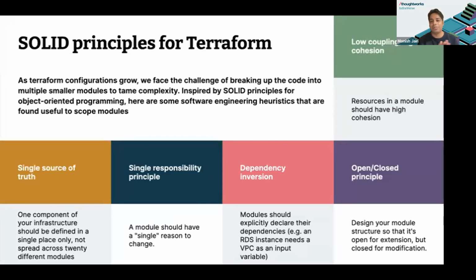So the resources in modules should be independent and loosely coupled from other modules. However, the resources that we create within one module should have a very high relationship, very high dependencies with each other.